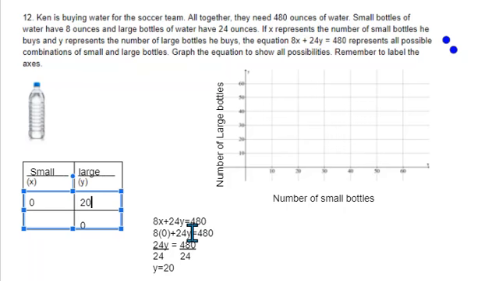Okay, and then I'm going to do the same thing for the x. Let me create a new text box to find the x. So this time I'm going to put the 0 for the y.